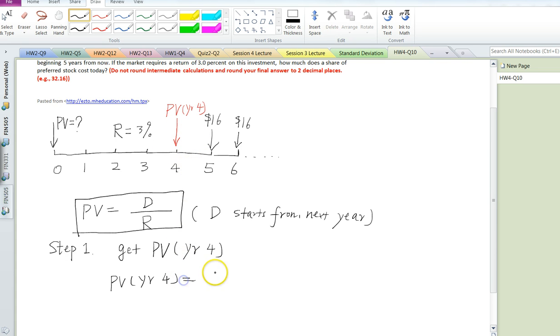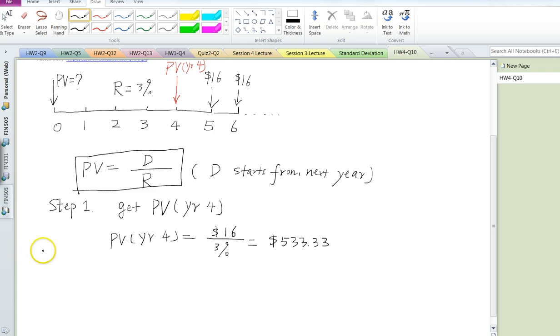So this equals the $16 dividend divided by 3%, which gives us 533.33. I just did the calculation with my calculator just to save some time.